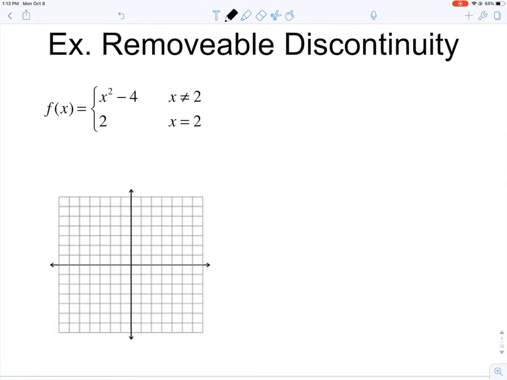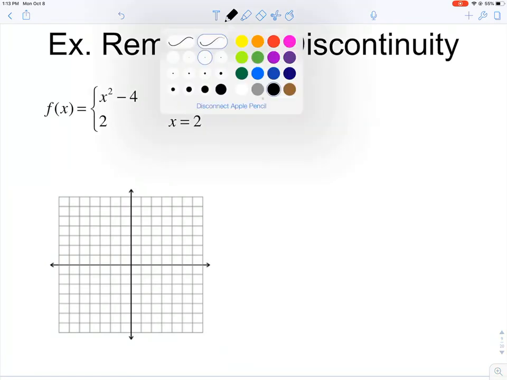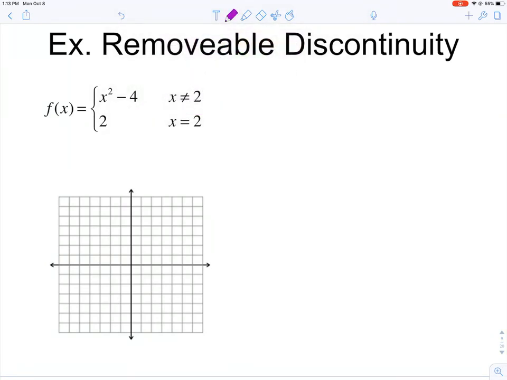Okay, so here's a piecewise function. For piecewise functions, you can check each piece to see if there would be some sort of domain restriction or point of discontinuity in any of the pieces of the function. But you also want to check at the endpoints of the subintervals of the domains for each piece.